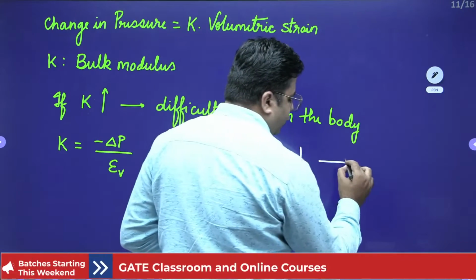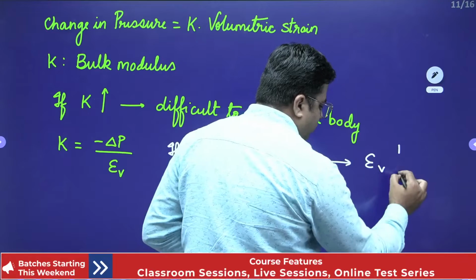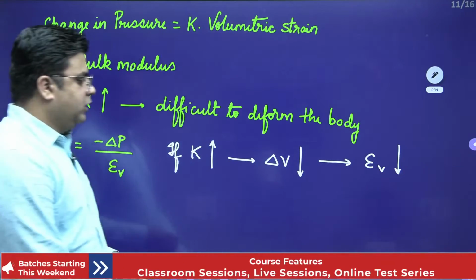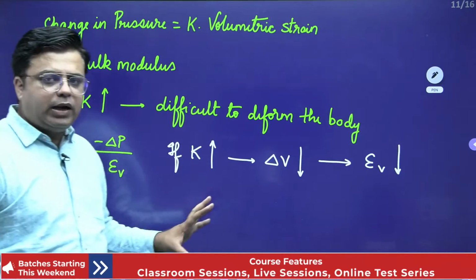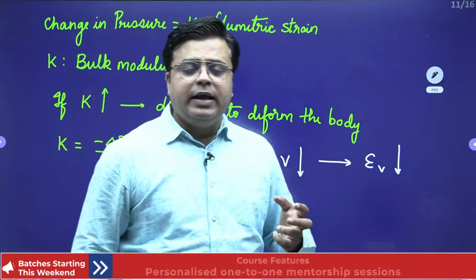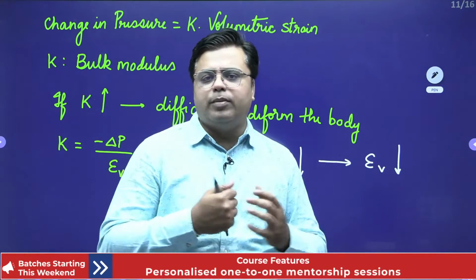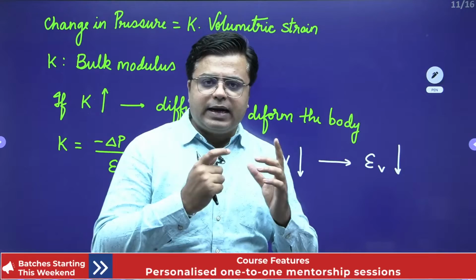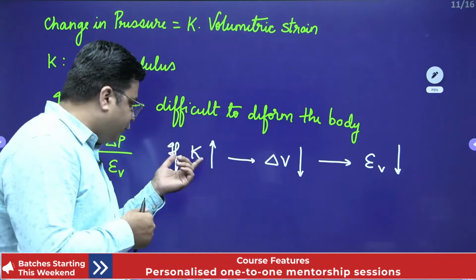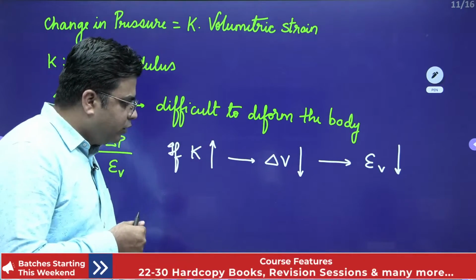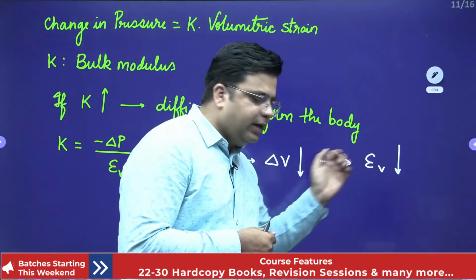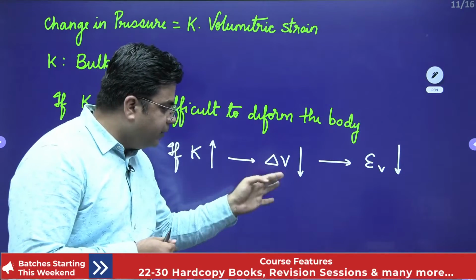Hence, your volumetric strain will also be less. So if you have a higher bulk modulus, it is very difficult to deform the body. And we can directly say about a body that if your bulk modulus is more, then your volumetric strain will be less, your change in volume will be less.